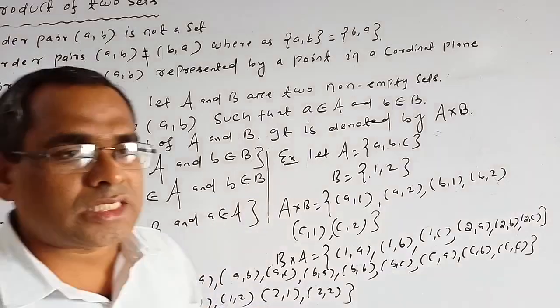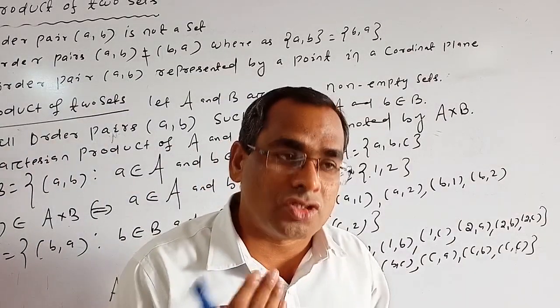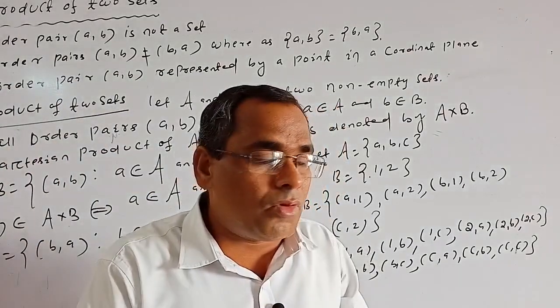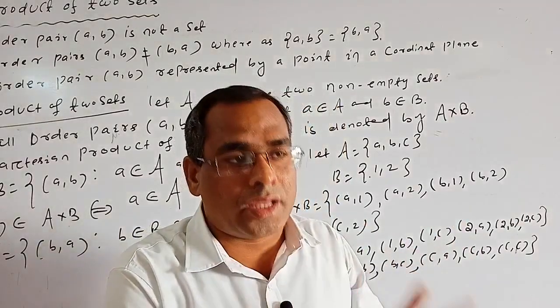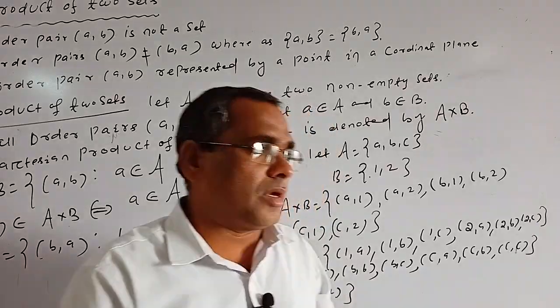So if two sets are finite, then A cross B is also finite, and the number of elements of A cross B is equal to n(A) multiplied by n(B).